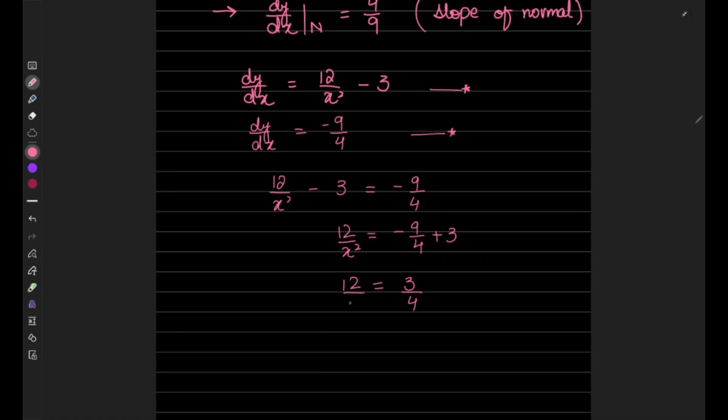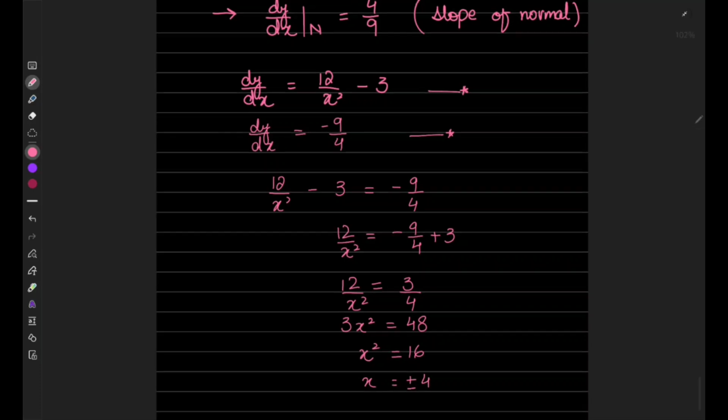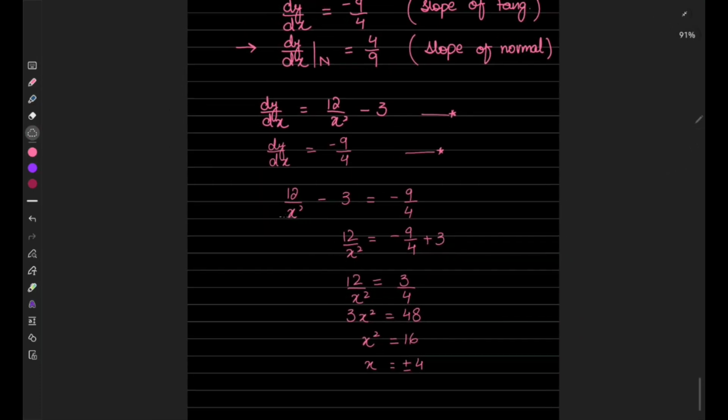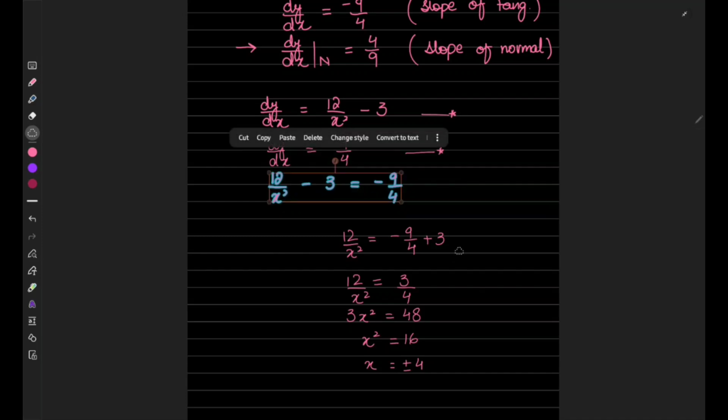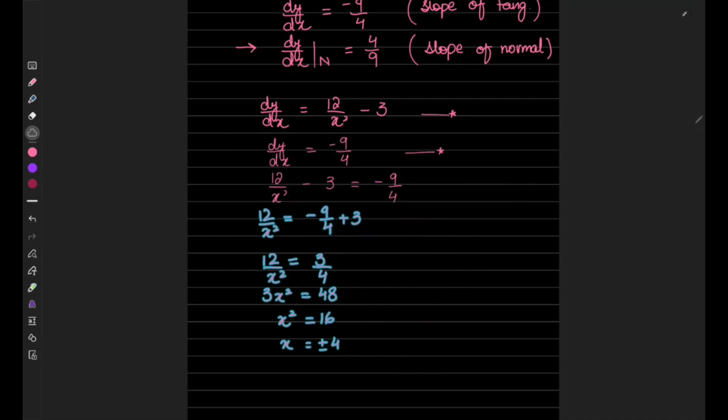Now cross multiply. 3x square is equal to 48, and x square gives you 16. So x equals plus or minus 4. Okay, one more piece of information is given in the question, and that says that your x is positive.